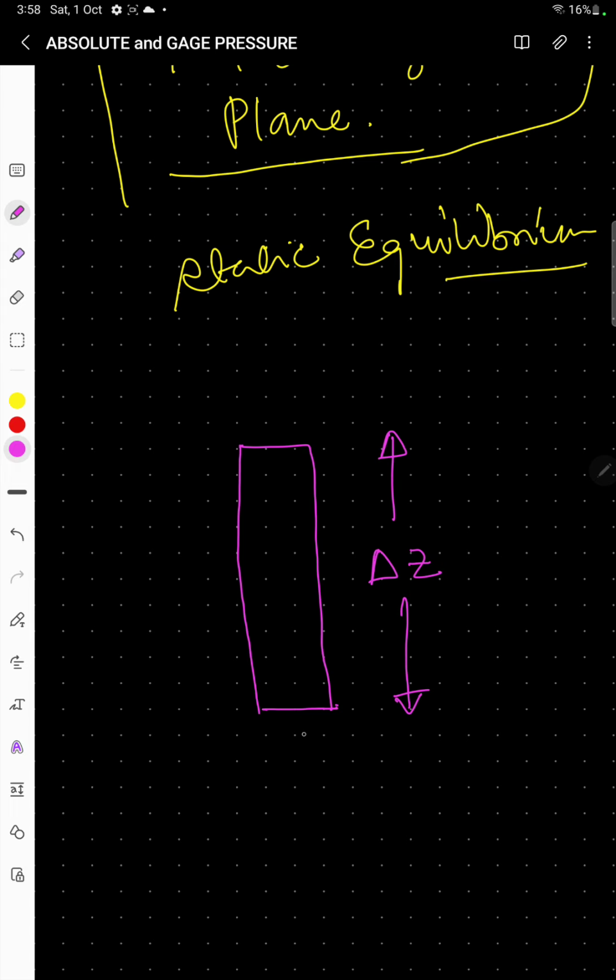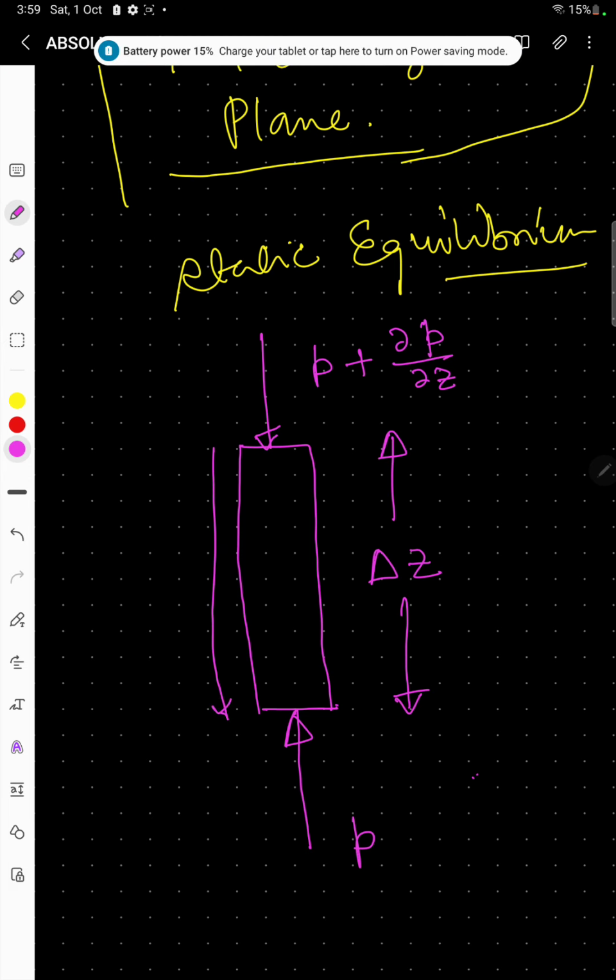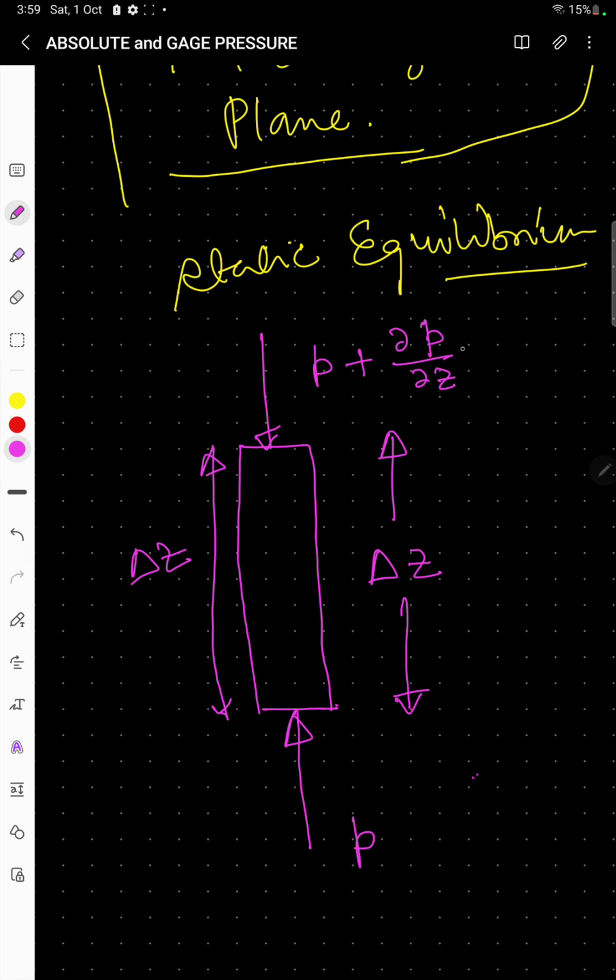Now we are assuming that here your pressure is P, and here your pressure is P plus del P divided by del Z, multiplied by the length of the element delta Z, which will give you the pressure.